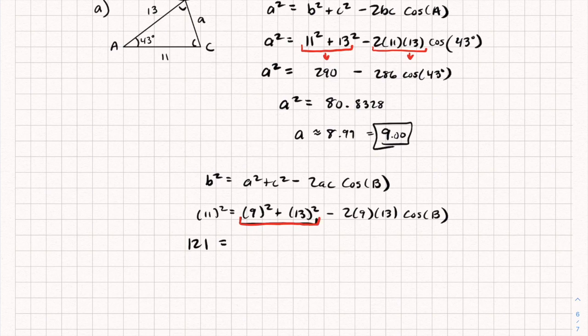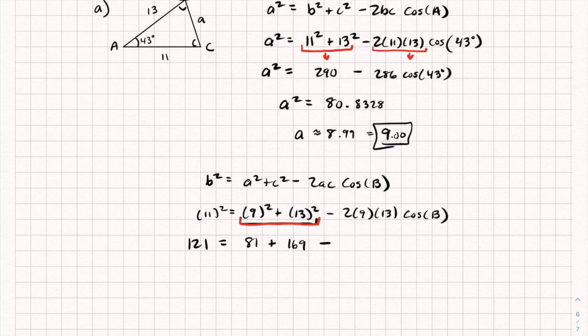When I do that, I get 81 plus 169 minus 2 times 9 times 13.